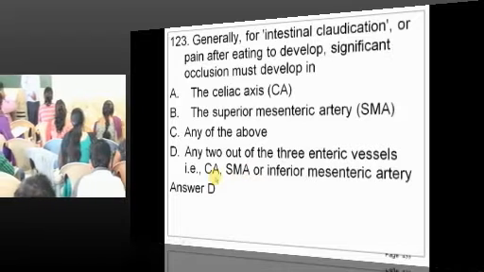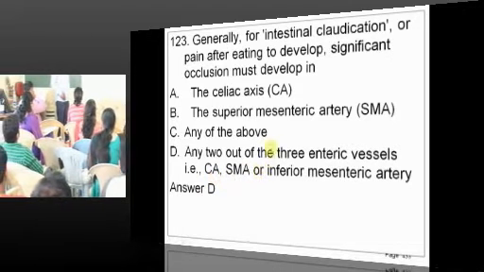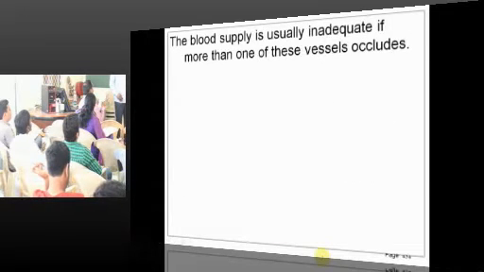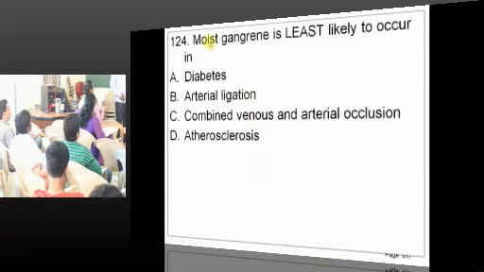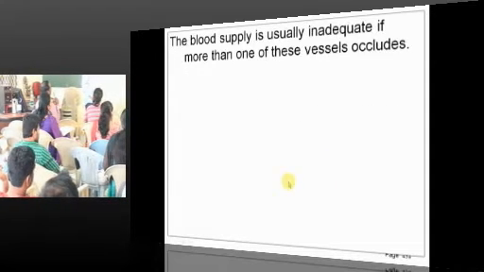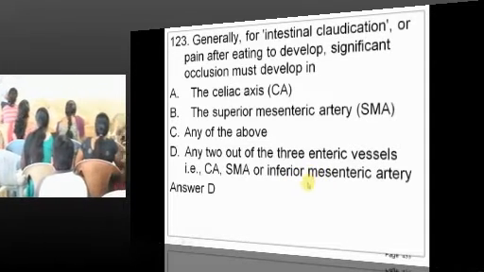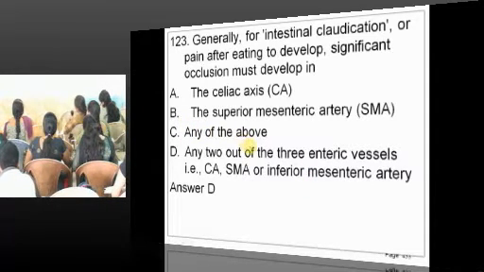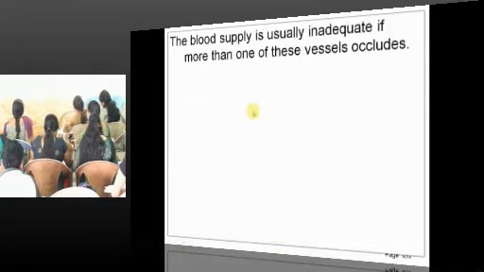Because CA is there, SMA is there, I think C should be the answer. It's an ill-framed question, agreed. Maybe here we should keep some subclavian artery or something else and then conclude it as D.